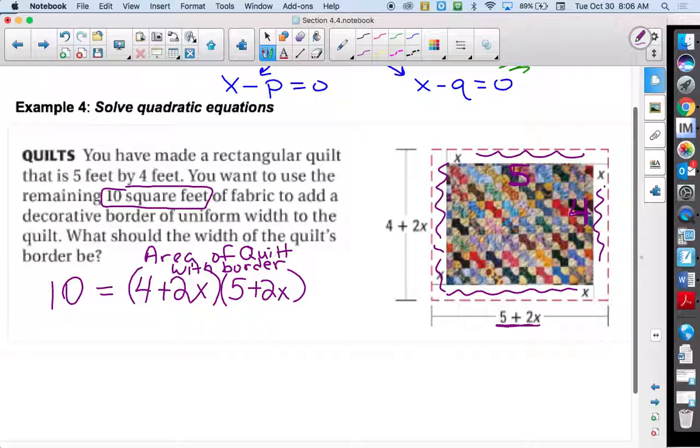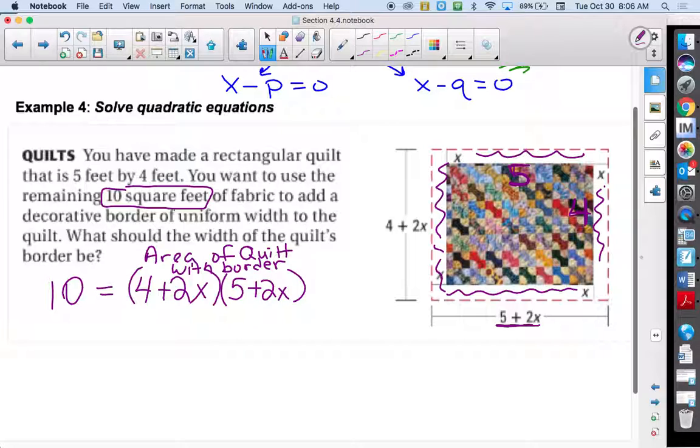So the area of the quilt with the border added onto it is going to be 4 plus 2x times 5 plus 2x, because it's the length times the width. That's how we find area. So my new measurement of the quilt is going to be all of the 5 plus 2x and all of the 4 plus 2x.